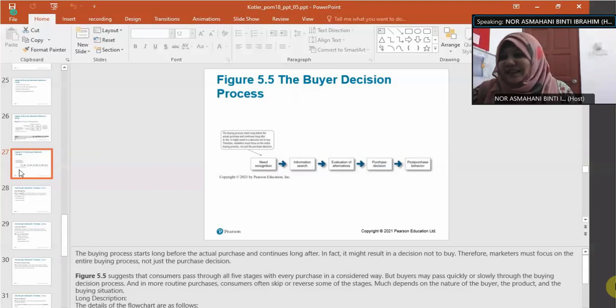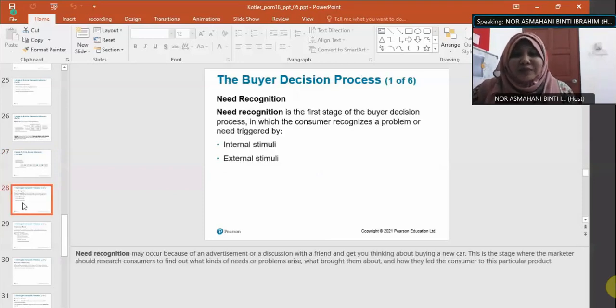Lot of things you need to think before you make a decision, right? And banyaklah perlu dilihat.